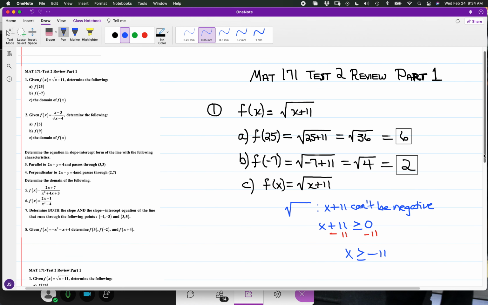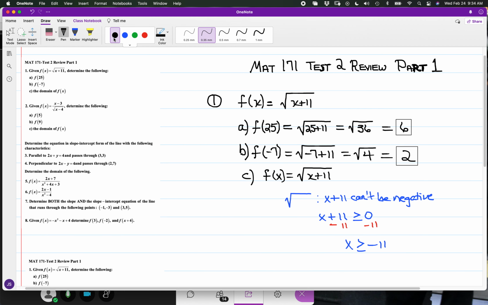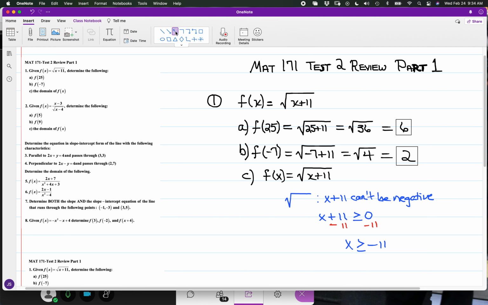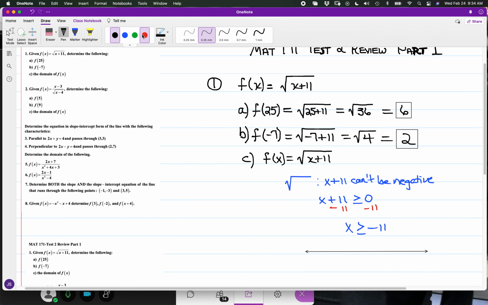And just a visual. In terms of domain, you don't have to graph, but it can provide a bit of a hands-on approach.